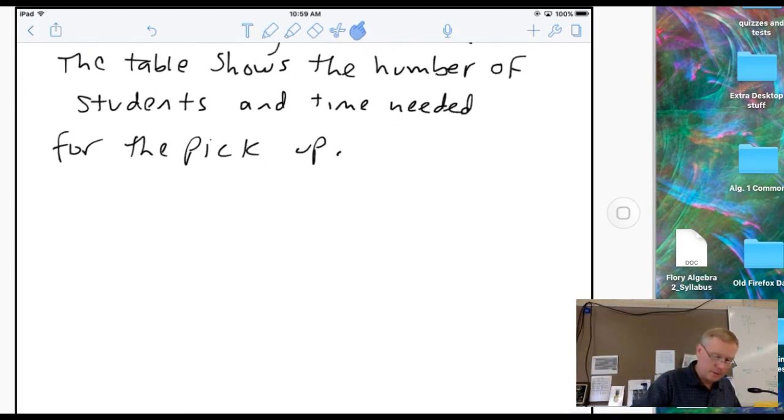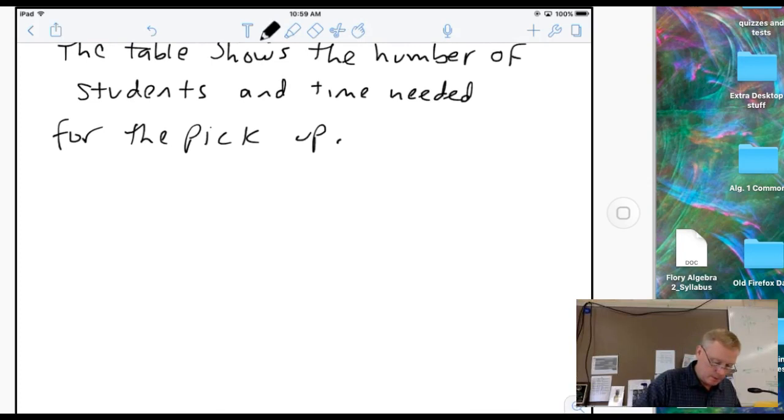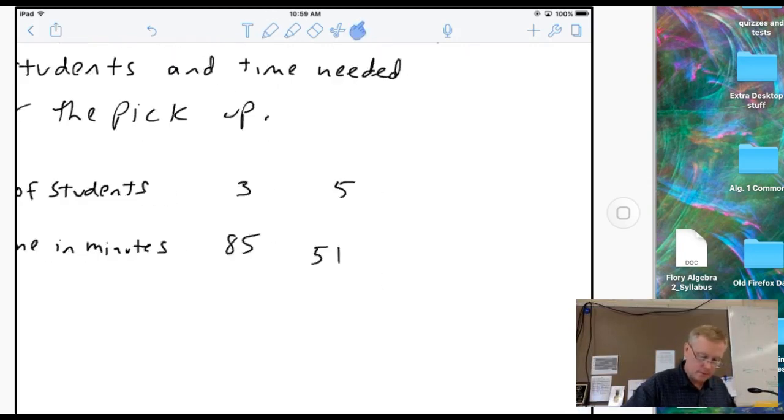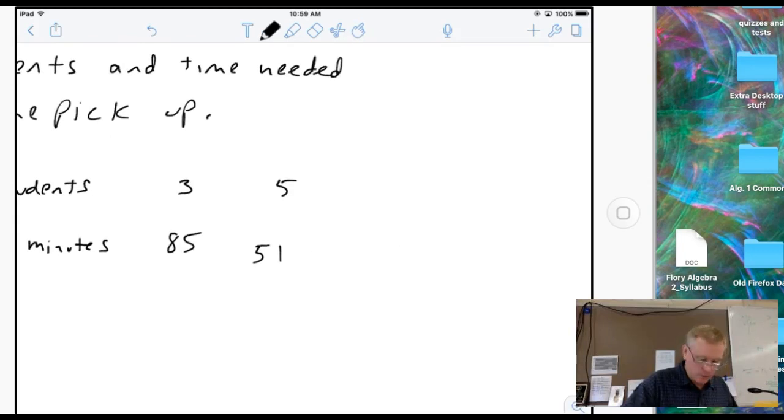Okay, and here's my table. I got number of students. Down here's time in minutes. I got 3, 85, 5, 51, 12, 21, 17, 15. Okay.